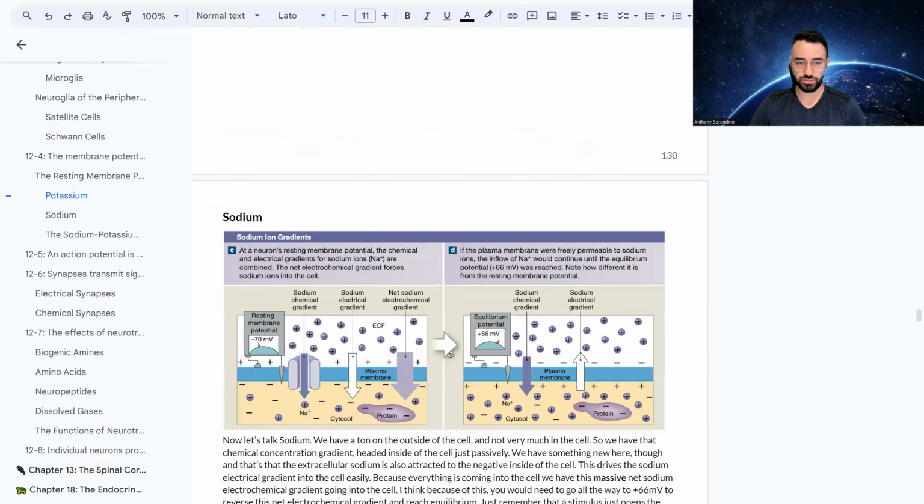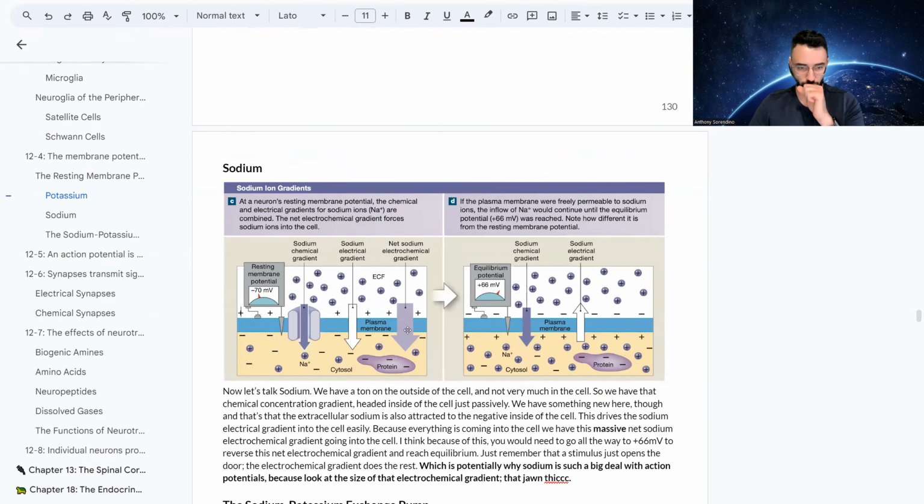The net electrochemical gradient for sodium is much larger. I think because you have all of that positivity on the outside being attracted to all of that negativity on the inside. And positive is going to go towards negative.